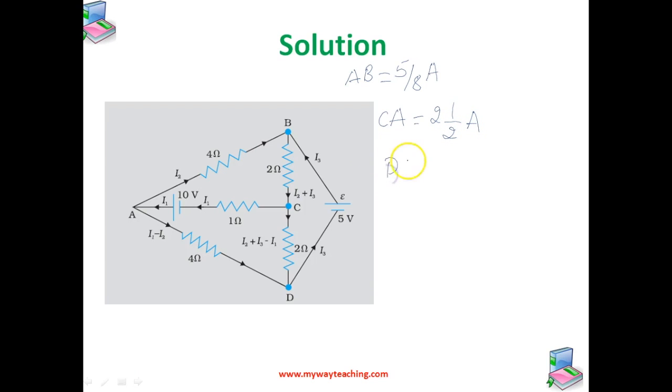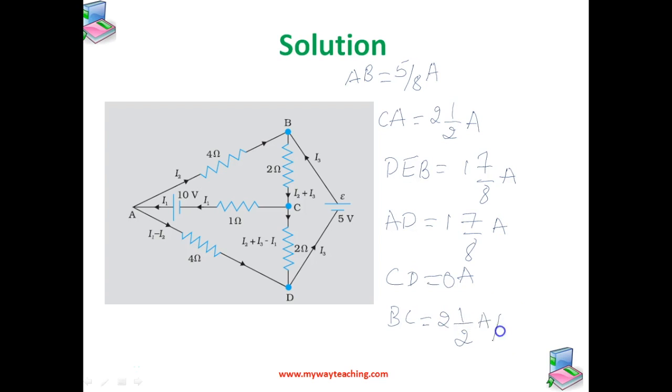The current in the branch DEB is I3, and the current in the branch AD is I3. The current in the branch CD is given by I2 plus I3 minus I1, which gives 0 amps. Current in the branch BC is 2.5 amps.